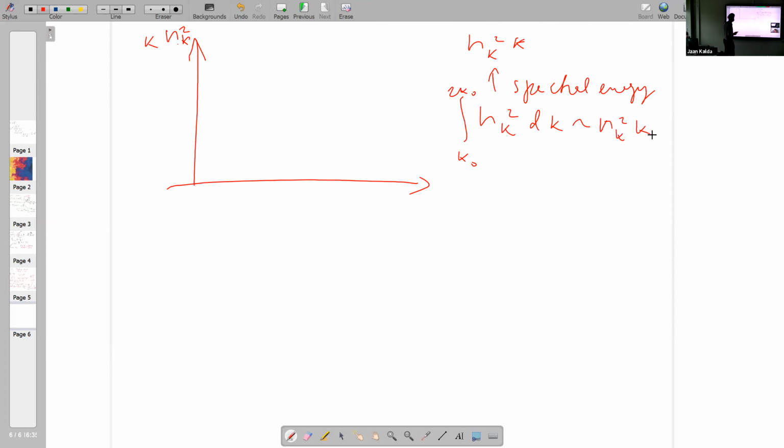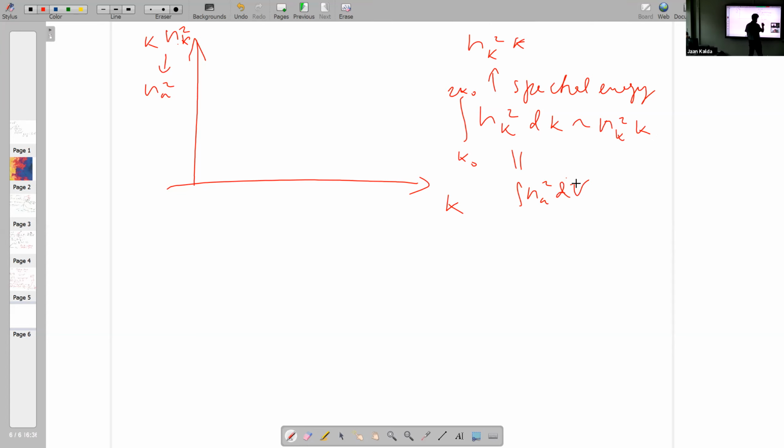And now we plot n_k squared against k. Or we can substitute this with n_A squared, because according to the spectral theorem, this is equal to the integral over the whole space of n_A squared over volume.